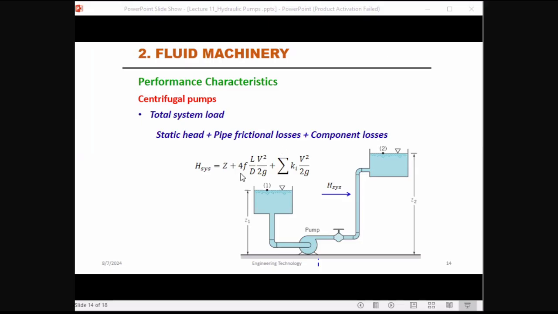Why do we need to calculate this 4F L V squared divided by 2 D G? What is the reason for using this part and this part? Why do we need to add this part? Can you share using chat?